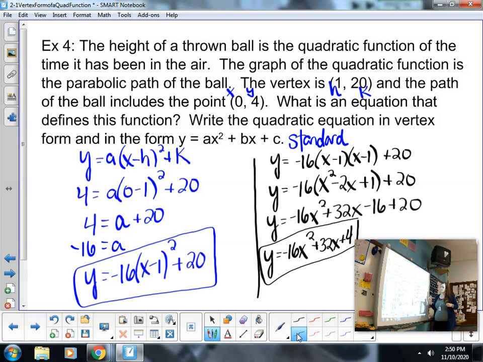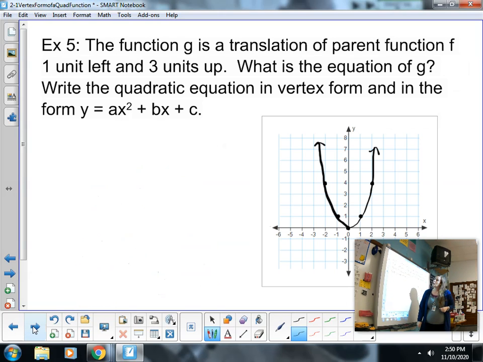So that's standard form. We are also going to be doing standard form in this next example because notice it says write the equation in Vertex form and in the form y equals ax squared plus bx plus c. So we have this parent function. It's the same parent function that we've always done.